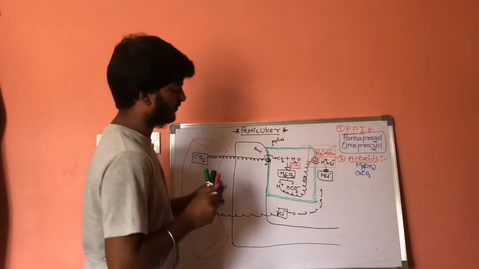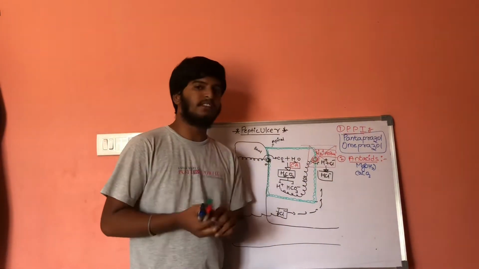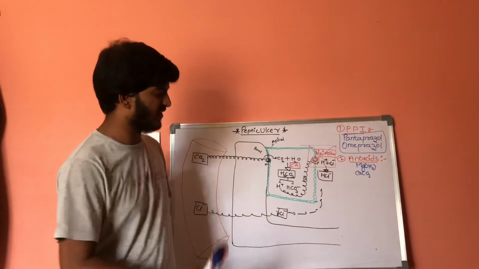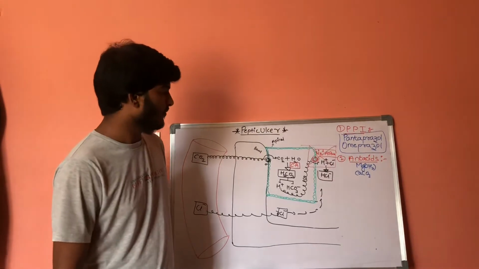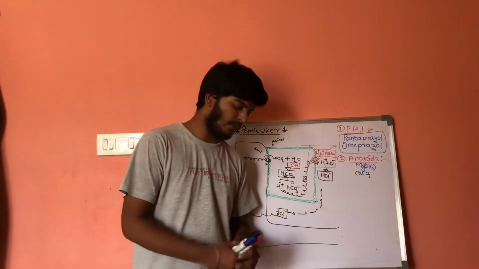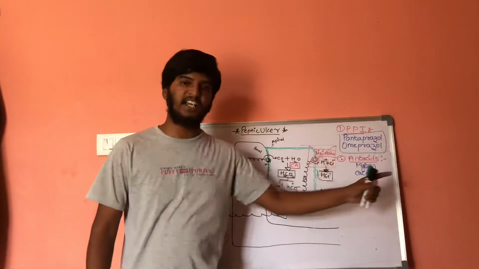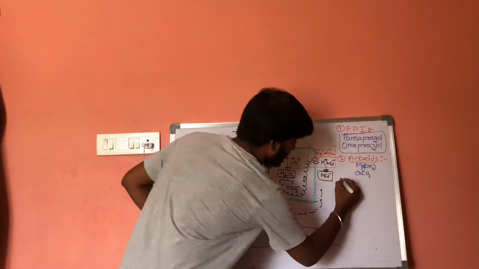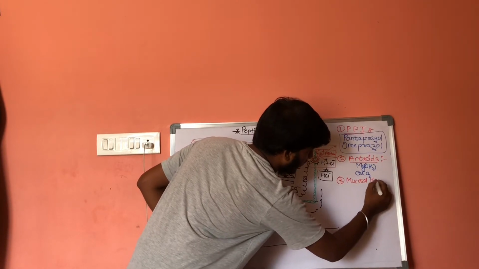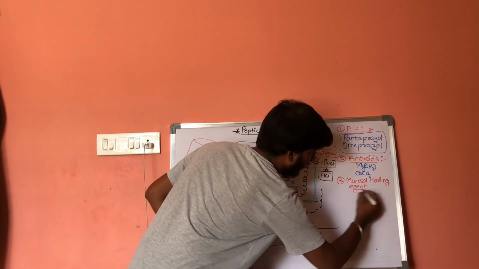Now, if a person is suffering from ulcers, the first and most important part that gets affected is the mucosa. There are certain drugs which work on the mucosa and help in healing of the mucosa. These are called mucosal healing agents.